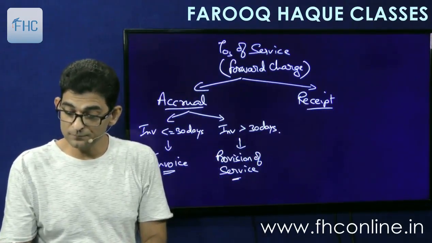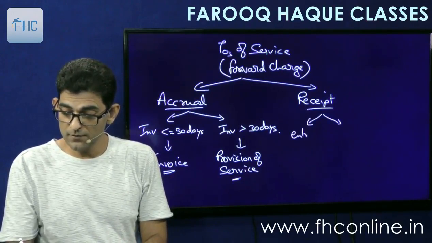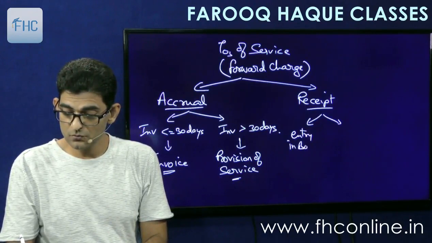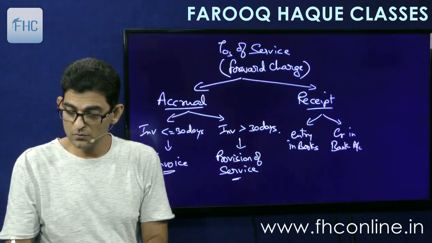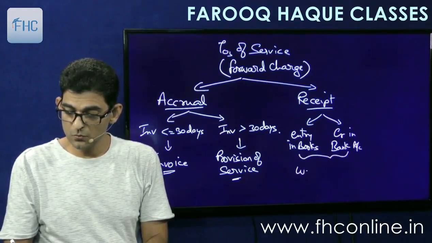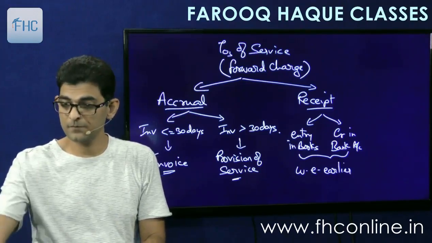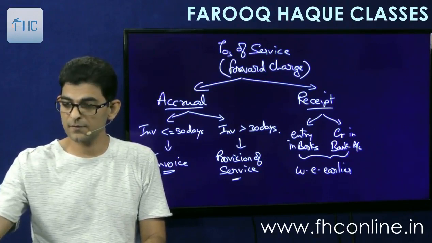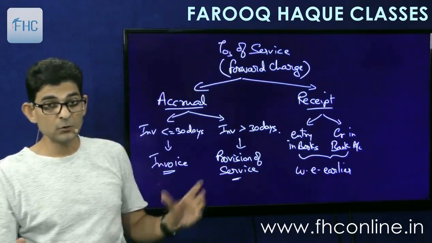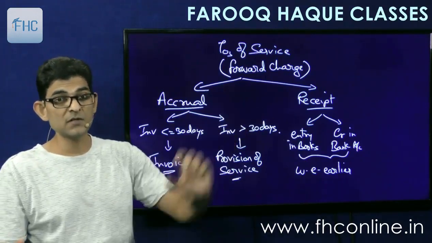So receipt will be entry in books or credit in bank account, whichever is earlier. Then you compare any one of these two with this receipt and take whichever is earlier.